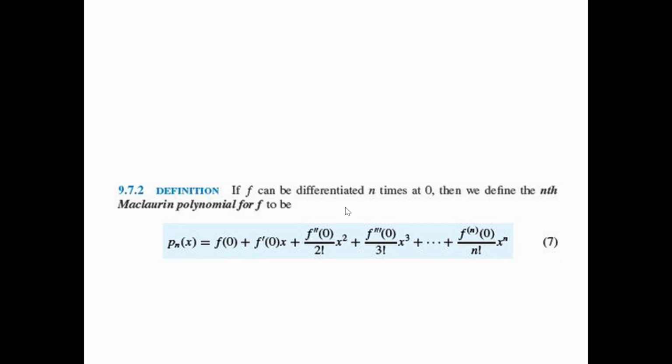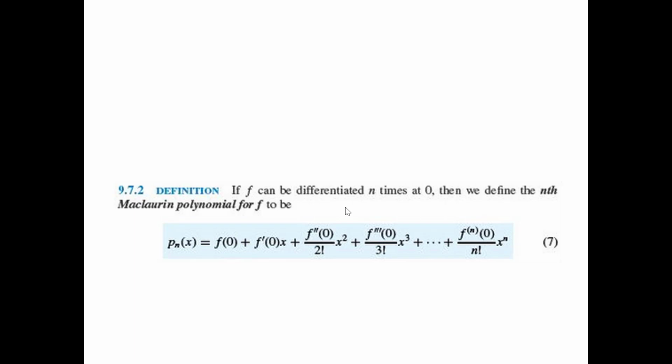Okay, so because of all that, we can make this definition. If f can be differentiated n times at 0, then we define the nth Maclaurin polynomial for f to be Pn of x is just, your first term is f of 0. Your second term is f prime of 0 times x.